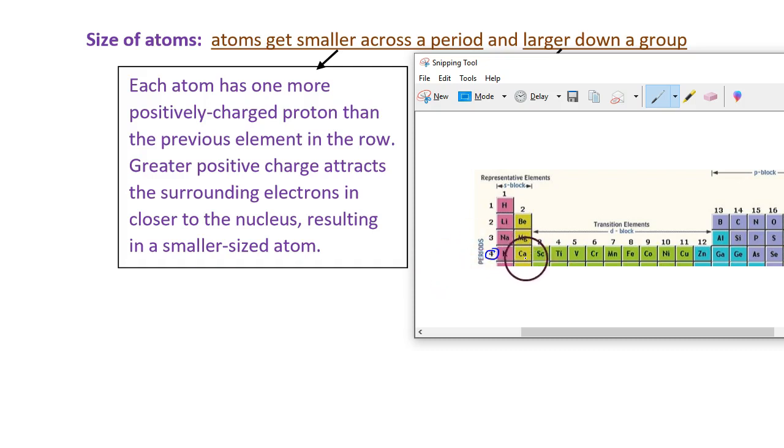For example, calcium has one more proton in its nucleus than does potassium. That greater positive charge will attract the electrons in a little bit tighter, making calcium a smaller sized atom than the potassium atom.